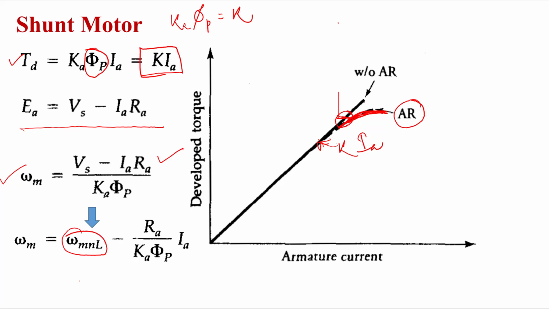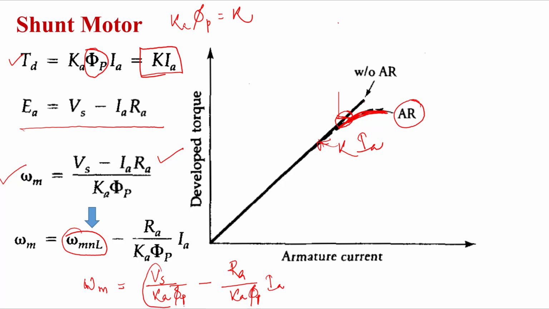Can I write this? Just a little bit manipulating this, I can write omega m equal to Vs by K phi p minus Ra by K phi p into Ia, right?